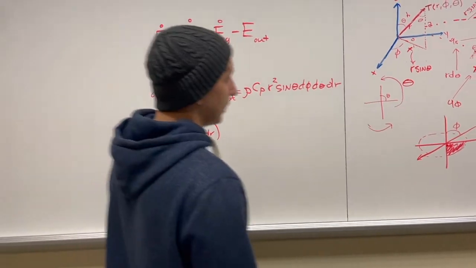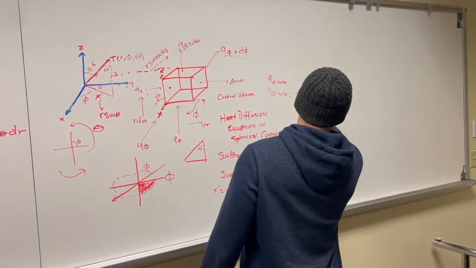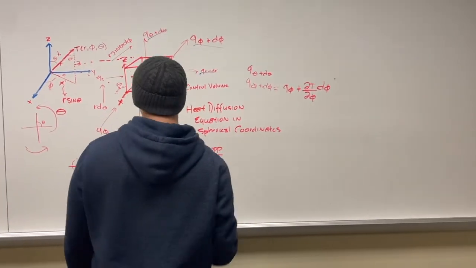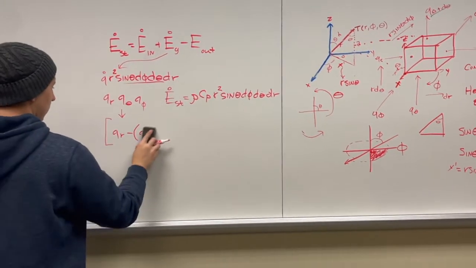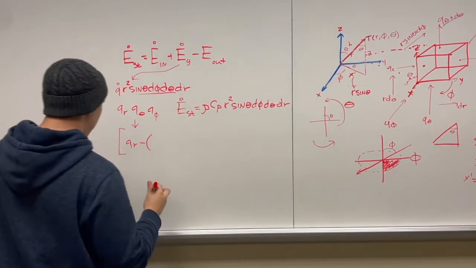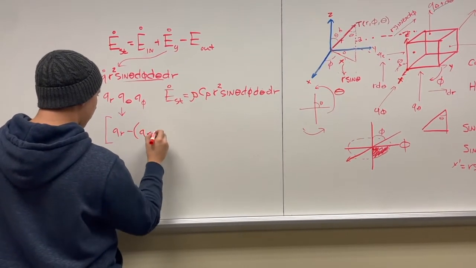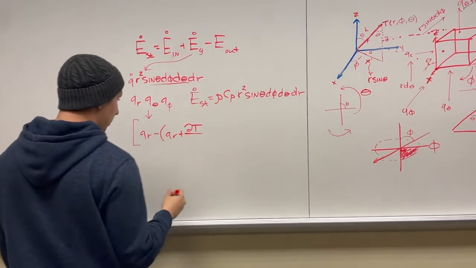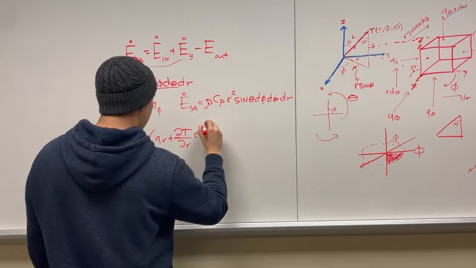It's a similar situation, obviously it's just not going to be the phi direction, it's going to be the radial direction. So just to save some room, I'm going to go ahead and put this in. So you have your qr plus the change in that, the temperature gradient in that direction, dr, and that's what you have.